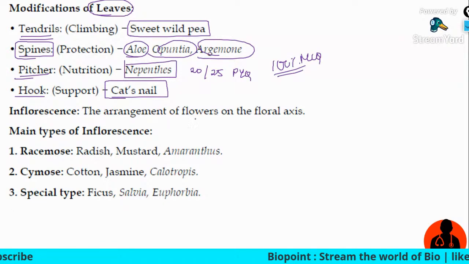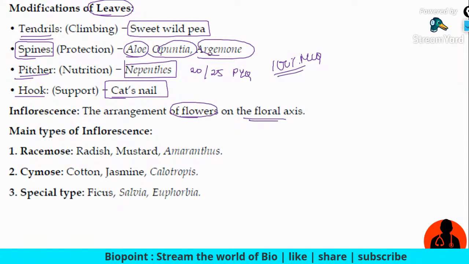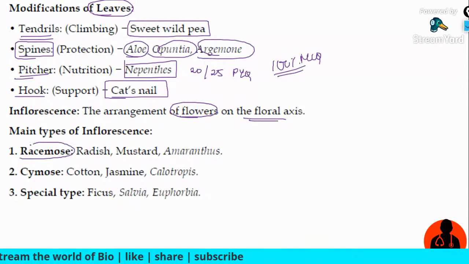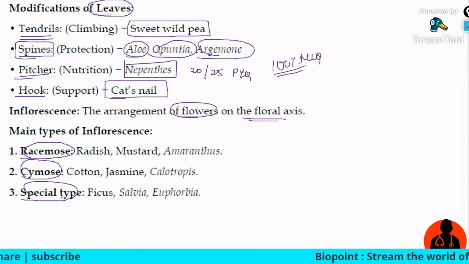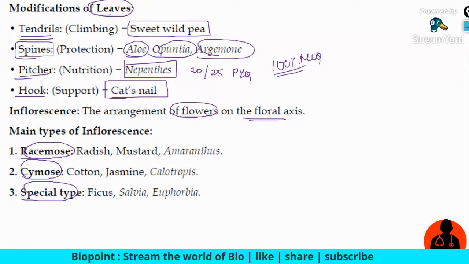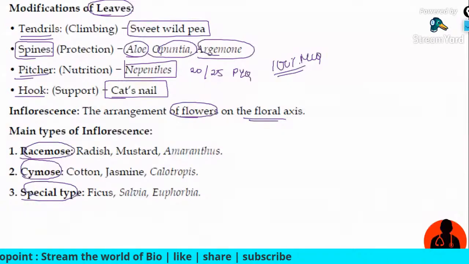So, inflorescence is actually the arrangement of flowers on the floral axis. The main types of inflorescence are racemose inflorescence, cymose inflorescence, and a special type of inflorescence, which is not mentioned in your NCERT, so you need to focus extra on that. We mainly have to focus on racemose and cymose examples.